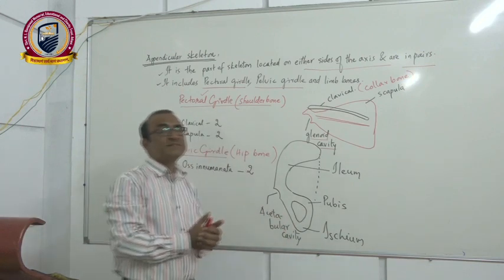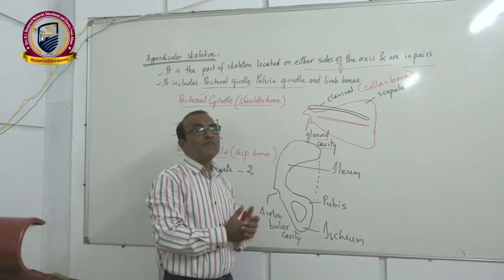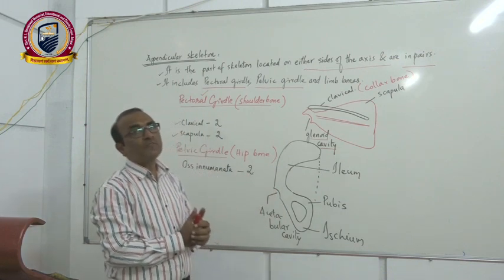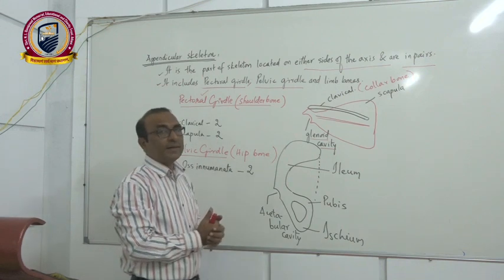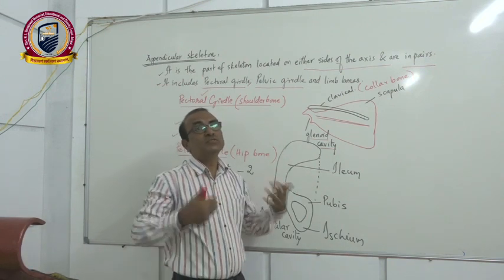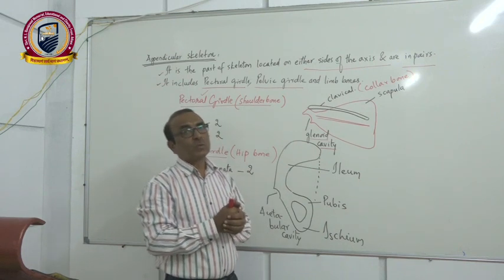And this pubic symphysis in men is made up of cartilage. But in case of women, it is made up of fibrous connective tissue, so that it can be easily loosened at the time of parturition. Okay, so that difference is there.